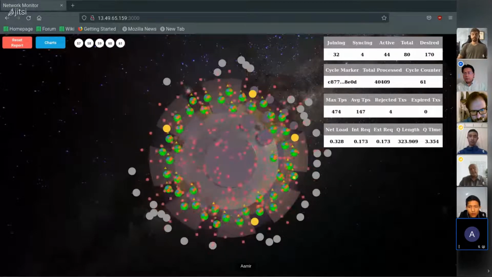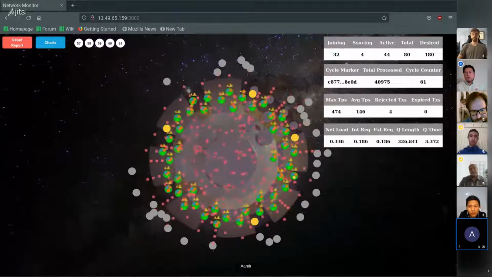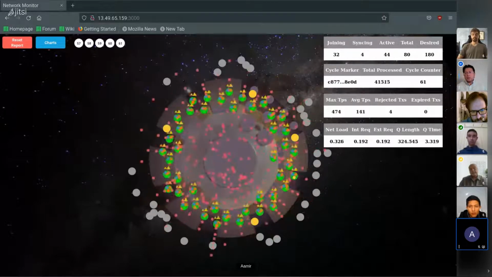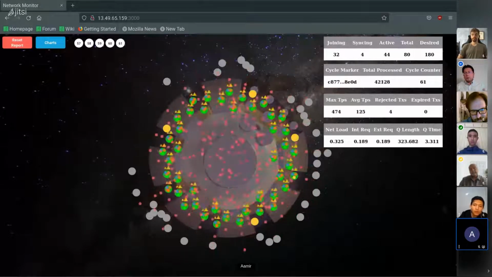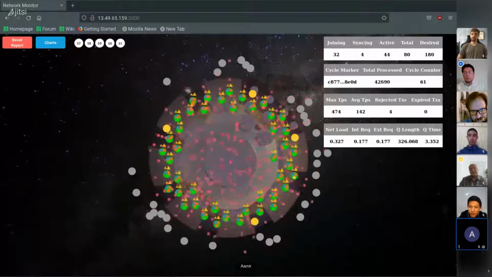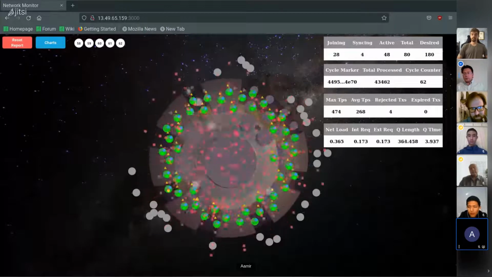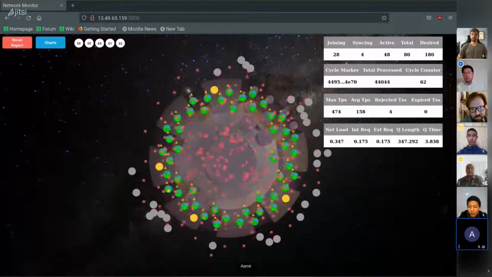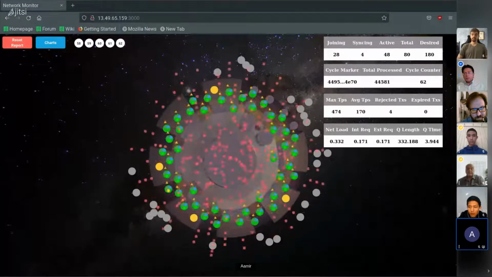So the queue time gives you an idea about how long it's taking for a transaction that gets submitted to the network to go through the processing queue and then get processed and applied. The queue length gives us an idea of how many transactions are sitting in the queue to be processed at any given time.